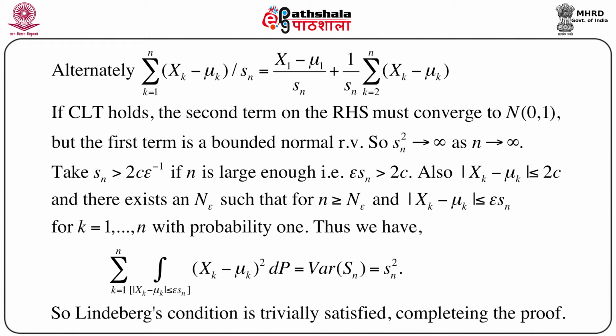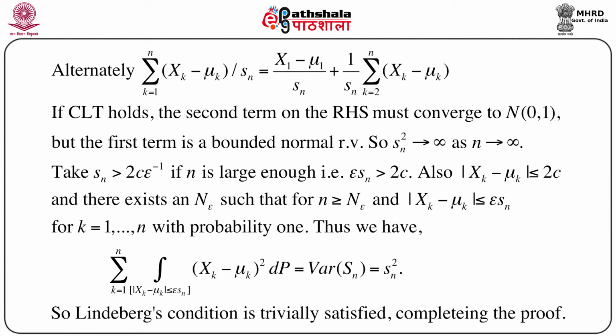We have summation k equals 1 to n integral over the set modulus of Xk minus mu k less than or equal to epsilon Sn of (Xk minus mu k) whole square dFk equals the variance of Sn, which equals small sn square. This is because the variables are assumed to be bounded in this case.